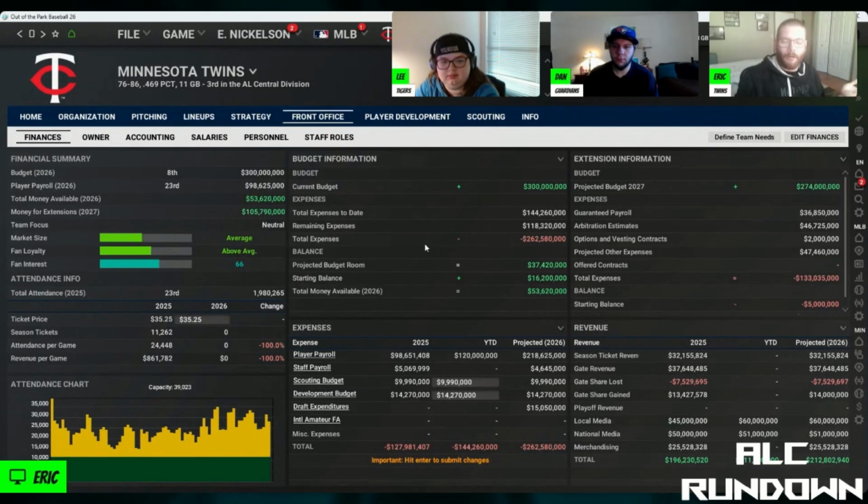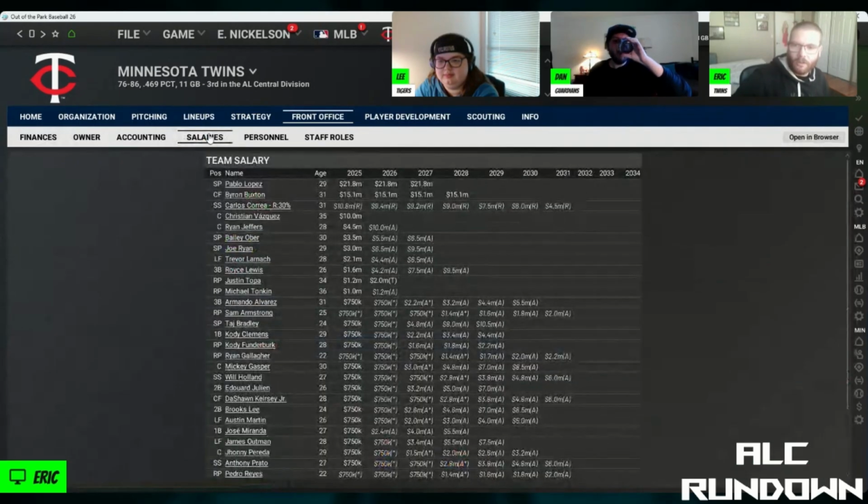One where I think they're going to have a $95 million payroll, and then I actually think my favorite, not my favorite, but the most likely is their payroll is going to be around $70 million. This screen is just showing the salaries going into this season, we're looking at 2026 here. There are 2 guaranteed contracts for the Minnesota Twins.